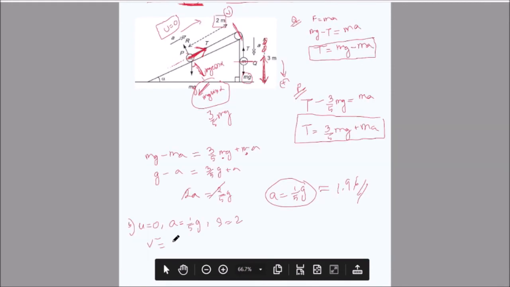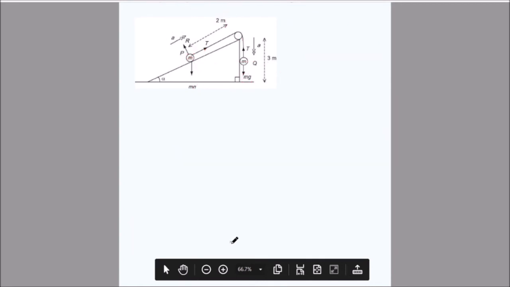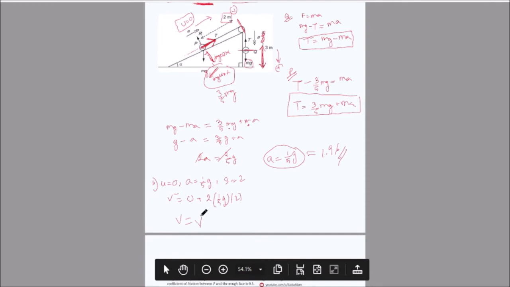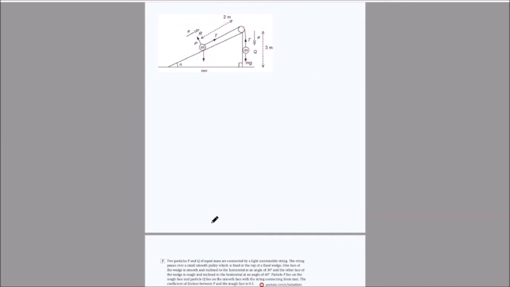So v squared equals u squared plus 2as. Okay, so if you just calculate this one, you will get the value for v, which will be 2.77 meter per second.